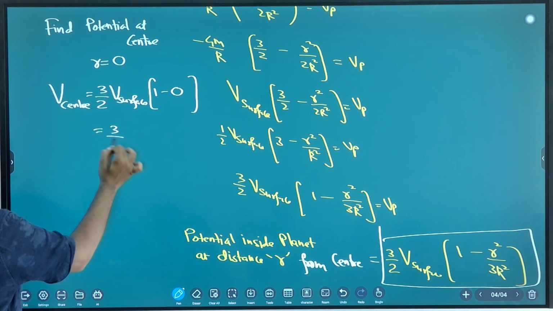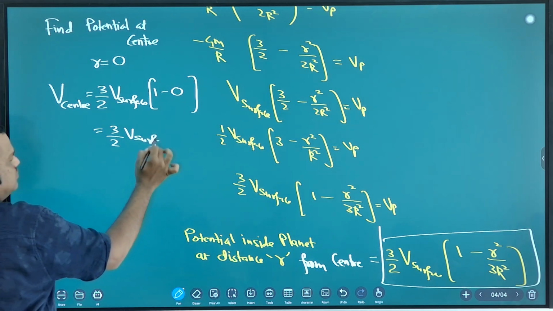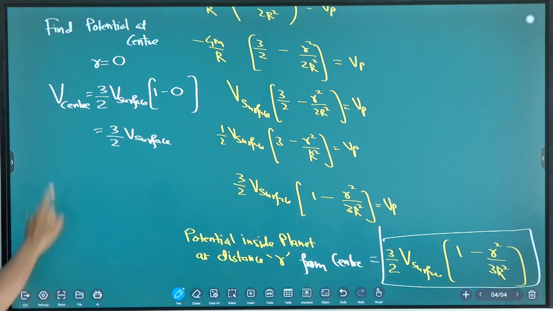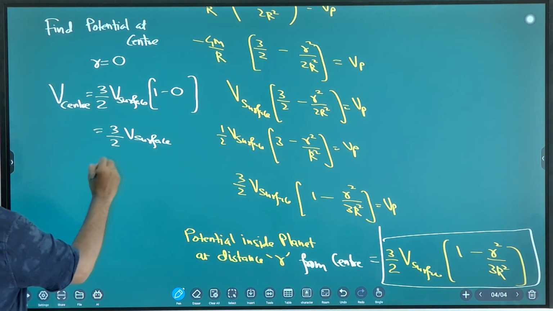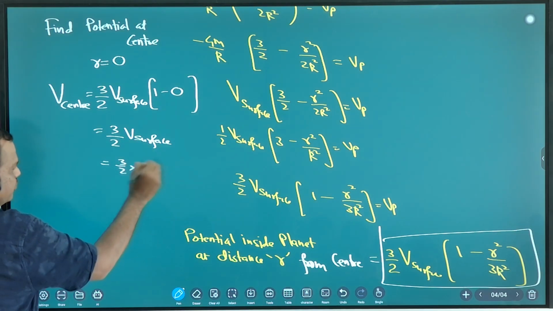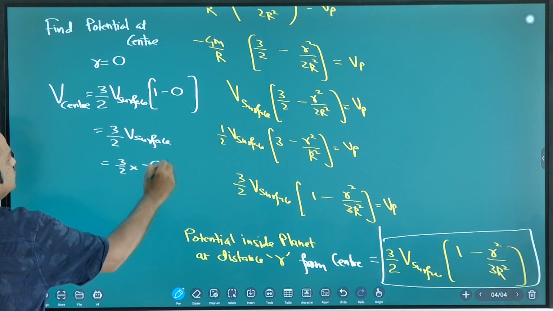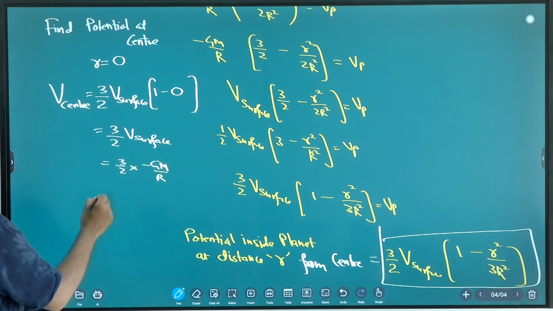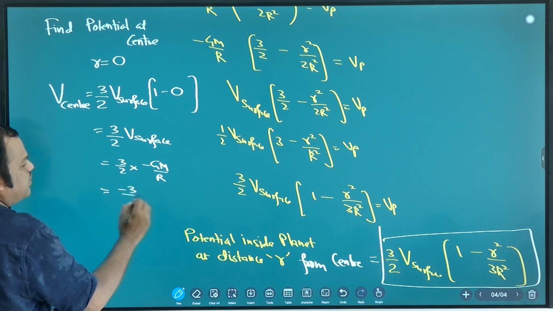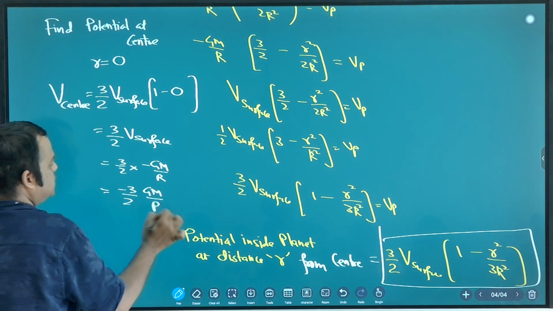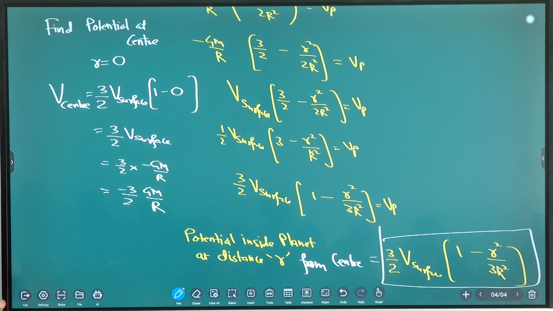So the potential at center is 3 by 2 times potential of surface. Potential of surface you know, the answer is minus Gm by R. So potential of center is minus 3 by 2 Gm by R. Okay, note down potential of center.